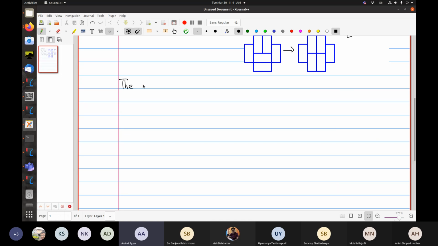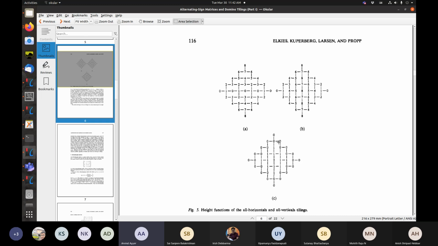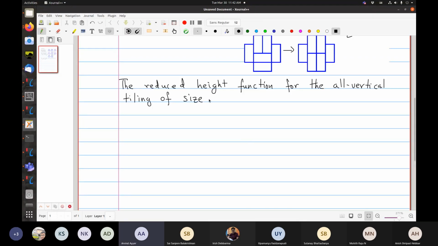The reduced height function for the all vertical tiling of size, what is it? I think. Yeah.